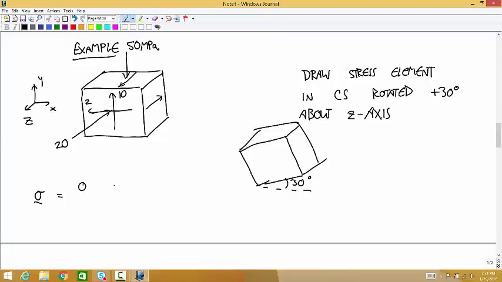For y, we have no y, and then negative 2 for z. On y, we have nothing for x, negative 50 for y, and then 10 for z. And then we can use symmetry for those two, and then we have negative 20 for the normal stress.